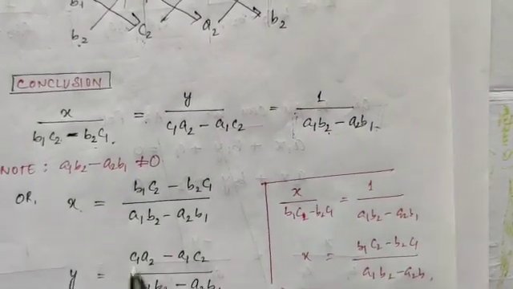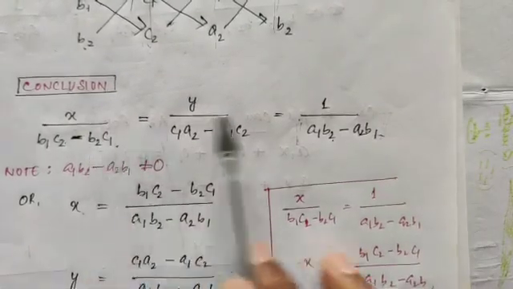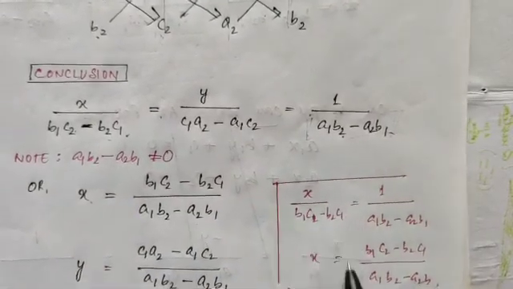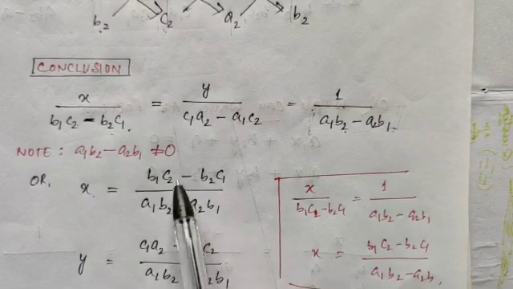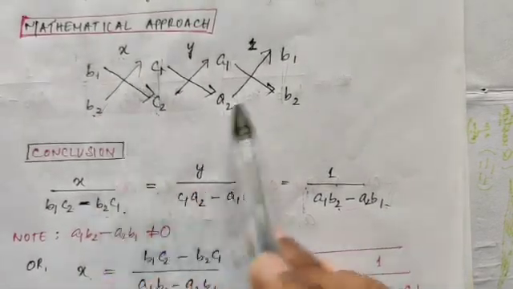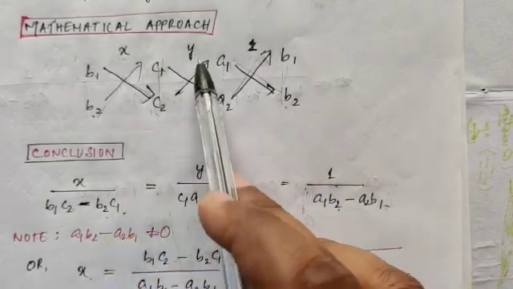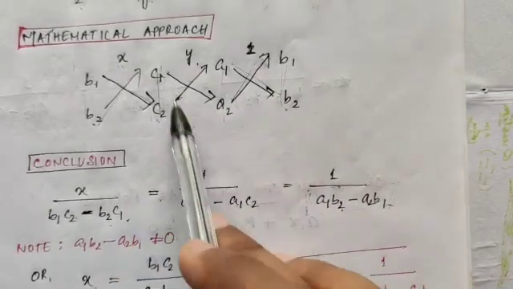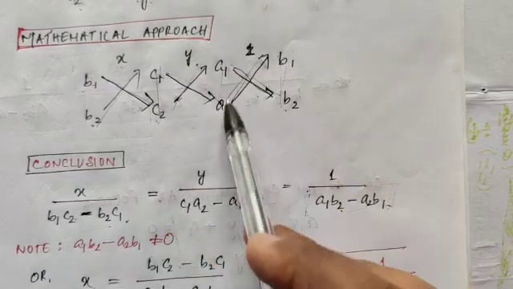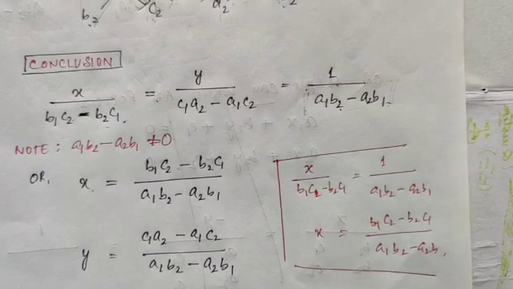If you take these two ratios and compare, then after cross multiplying you will get x equal to this. That means this cross multiplied answer divided by this cross multiplied answer will give x, and to get y, this cross multiplied answer divided by this cross multiplied answer will give y. So simply you can write in this way.